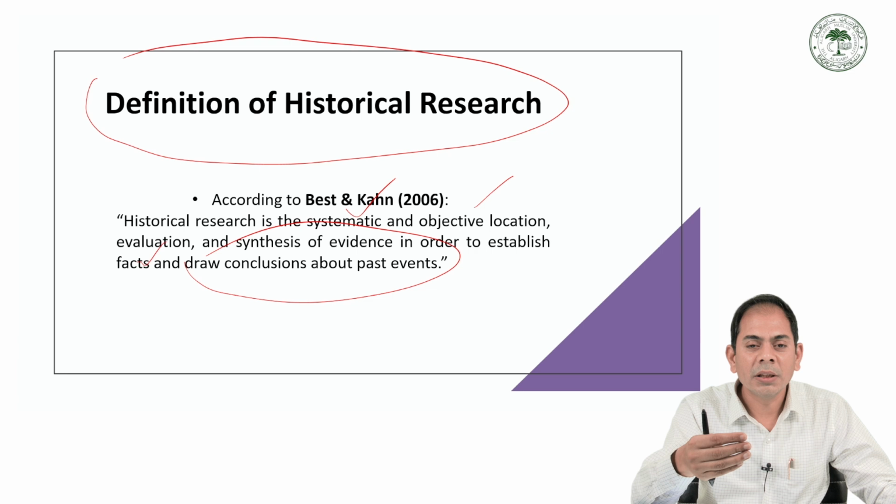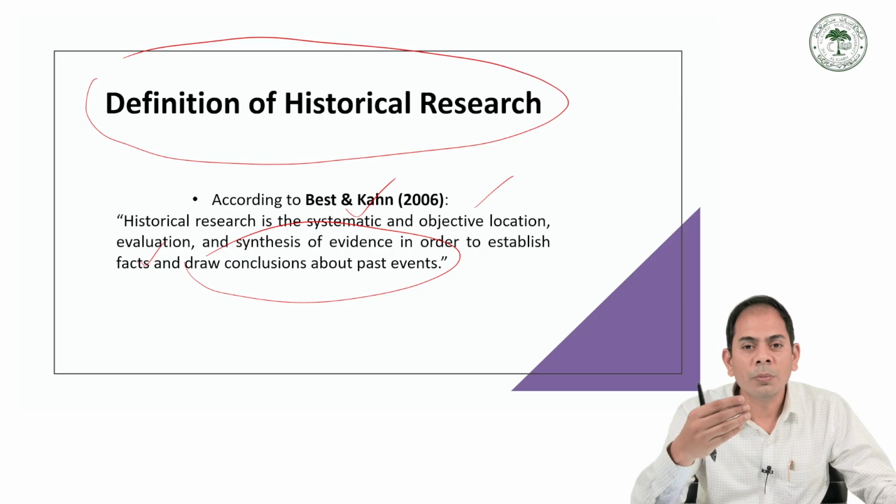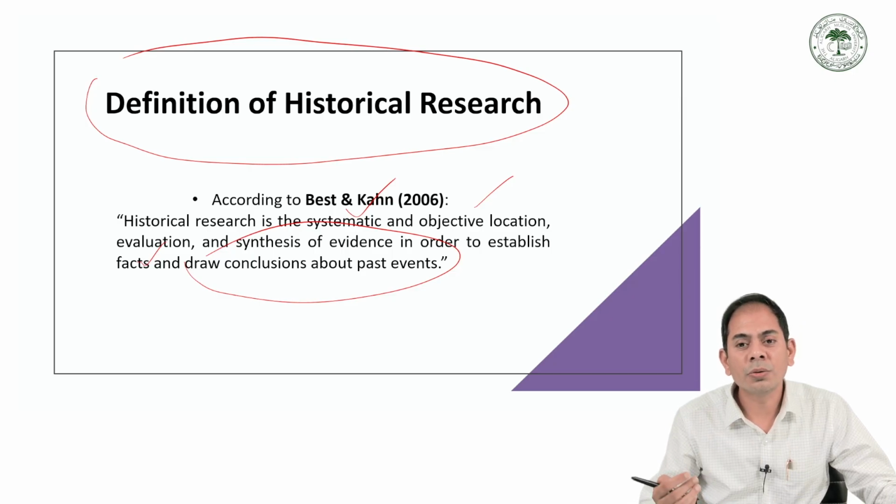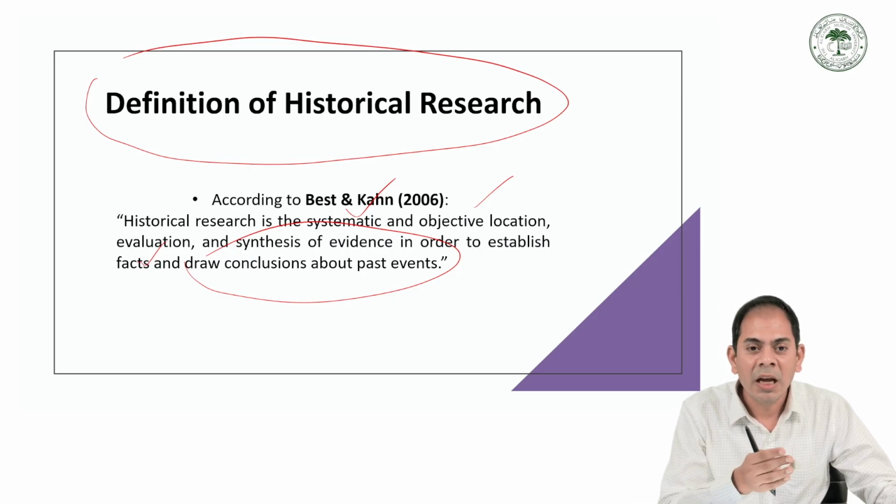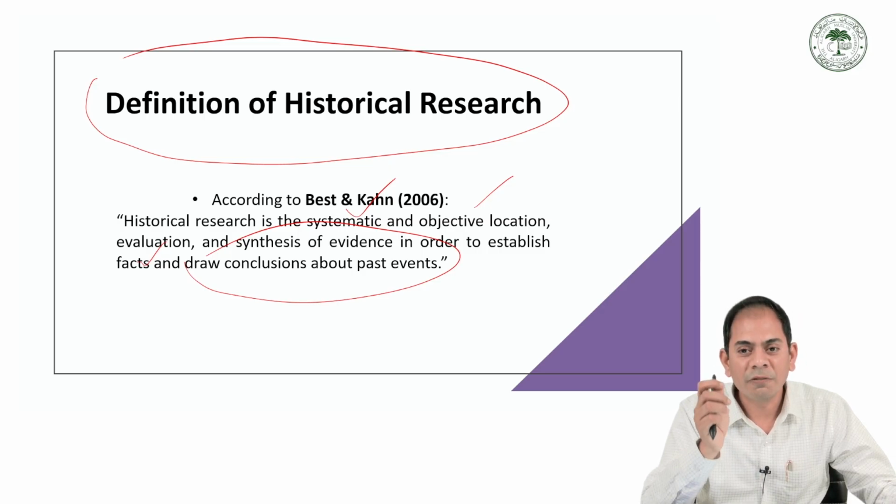So the researcher should test or check the accuracy of the information through objectivity. Different historical sources are analyzed scientifically, and the main purpose of historical research is to establish facts about past events.